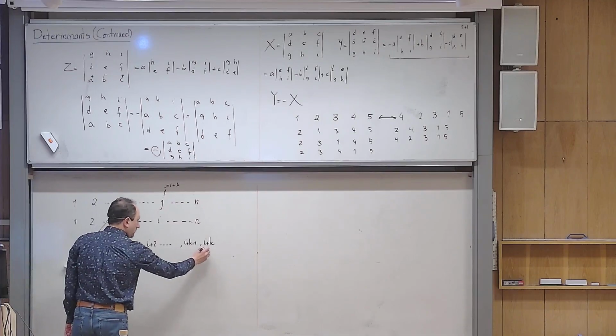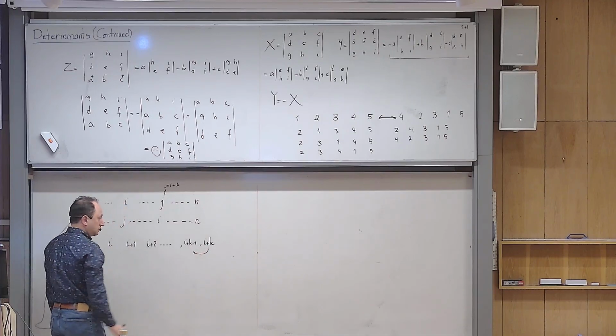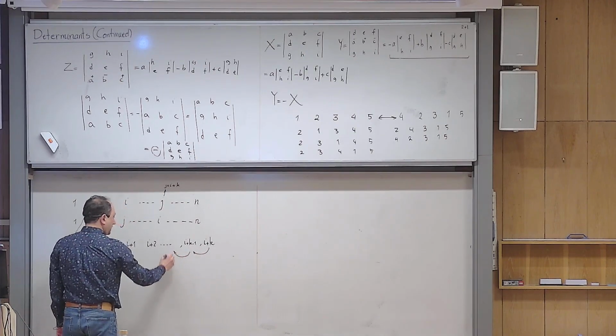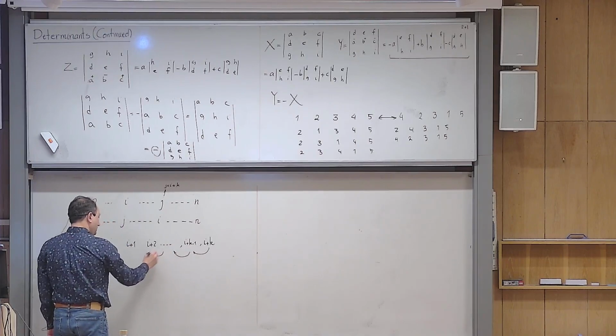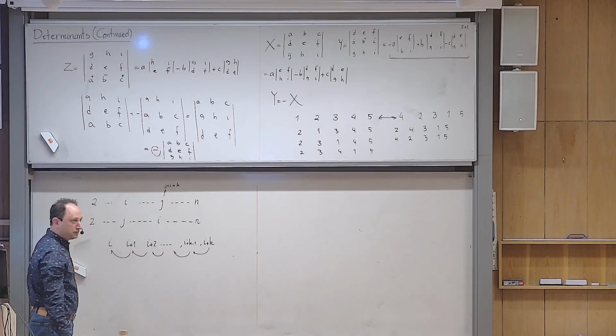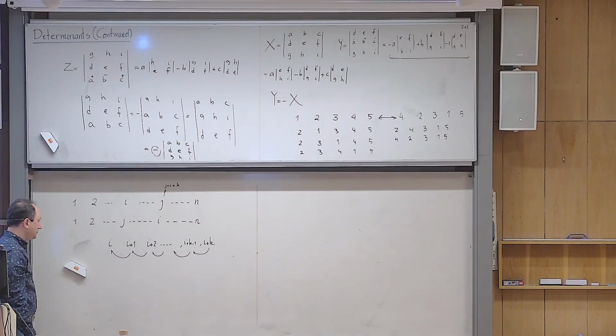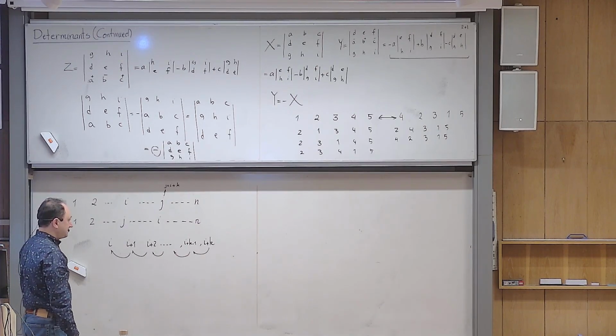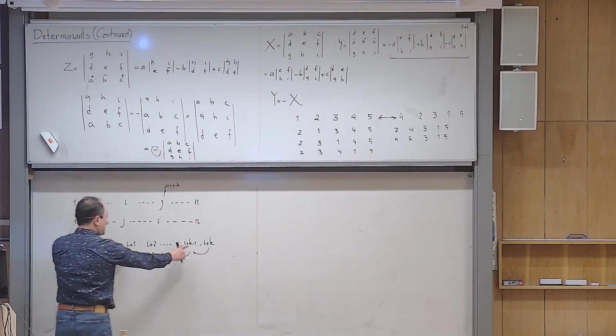So how many interchanges do you need? One interchange, do you agree? Then the second one, and then the third, and finally you need to do this. Can you count this? It shouldn't be hard. So how many of these operations do I need? I plus k. How many numbers are sitting between?